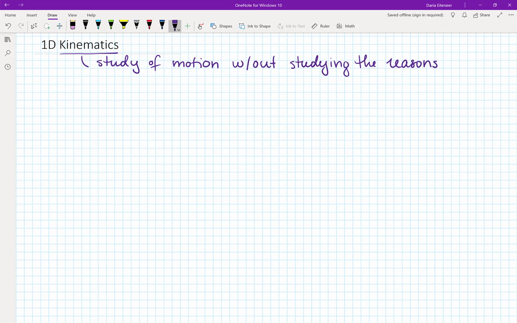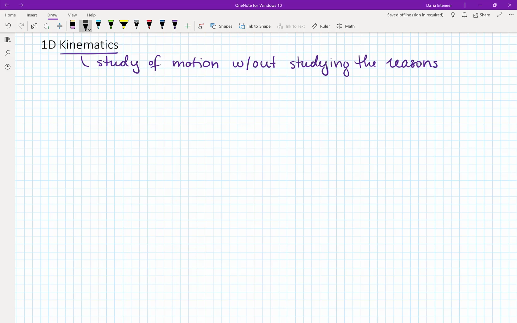So basically I'm not going to talk about the fact that I had to throw the ball. I'm also not going to talk about what's going to happen in order to get the ball in motion. I'm also not going to talk about what would happen to the ball and how it would happen when it hits the ground. So I'm literally just going to talk about the process of motion.